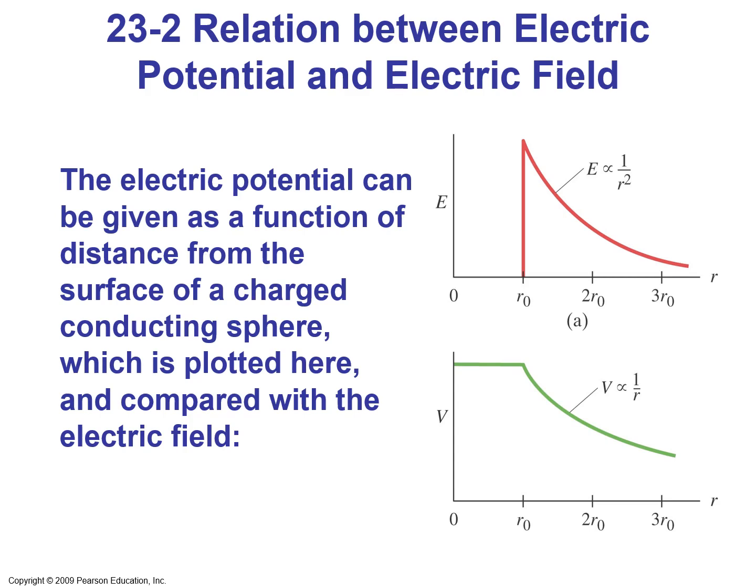The electric field is 0 from 0 to r, the surface of the conducting sphere, but the electric potential is constant. The electric field goes high and is very strong on the surface and goes to 0 as r goes to infinity with the inverse of r squared, while the electric potential is constant from 0 to r naught and goes as 1 over r as r gets farther away from the sphere.